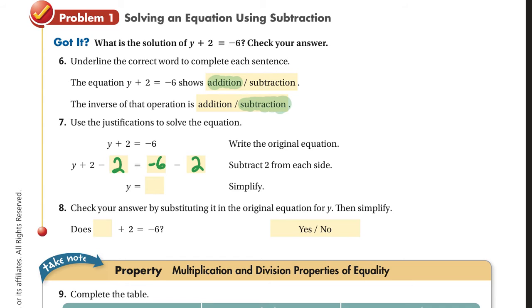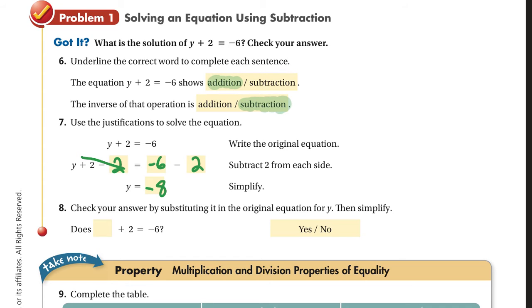It eliminates 2 from this side. That isolates y, meaning y is now negative 8. Okay? So we do the inverse operation of what's happening on the variable side of the equation.